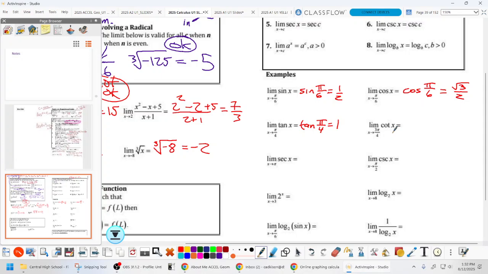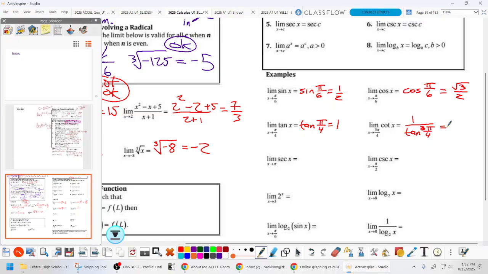Guys, what does cotangent mean? Tangent under 1, or 1 over tangent. Yep. Okay, what is the tangent of 3 pi over 4? Let me ask you this actually before that. Where is 3 pi over 4 in the unit circle?